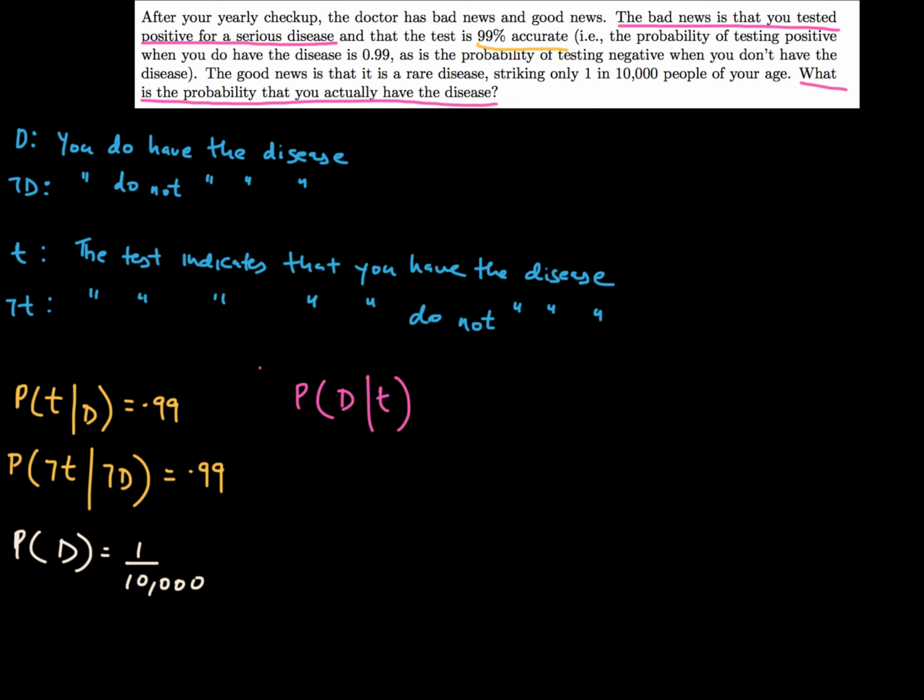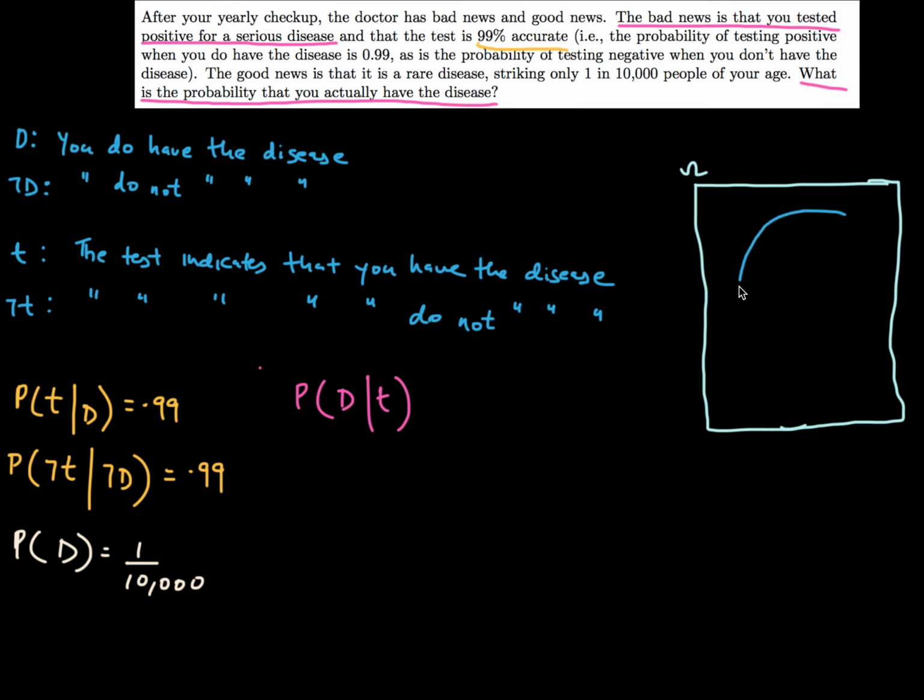The first thing we're going to do is draw a simple Venn diagram. So let's draw the universal space, here is my universal space of all possible results of my experiment. So this is omega. Now I'm going to draw the set T. Here is my set T, and the set T indicates all those people for which the test has been positive.